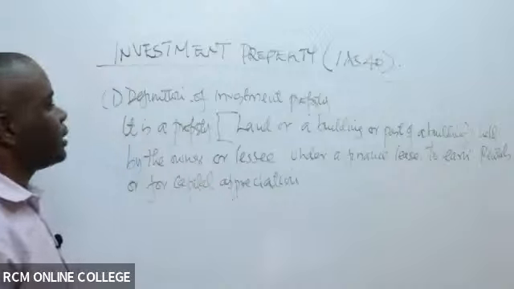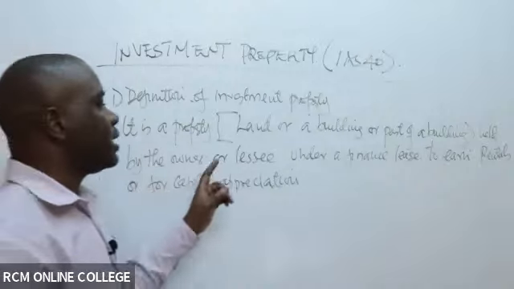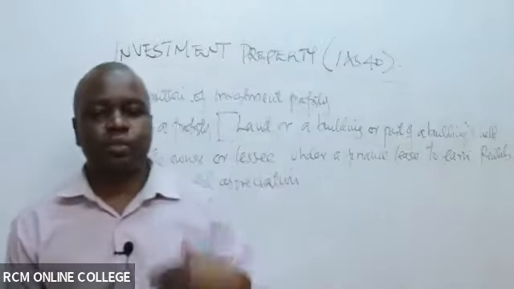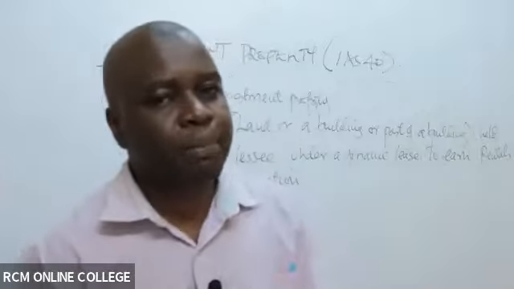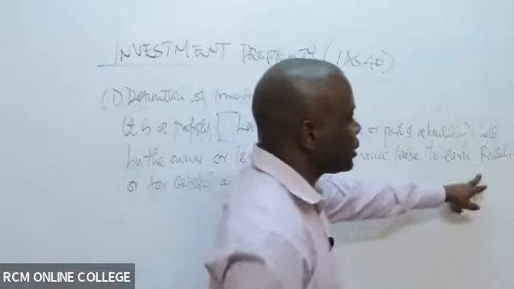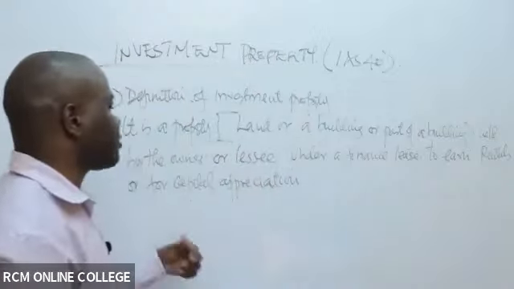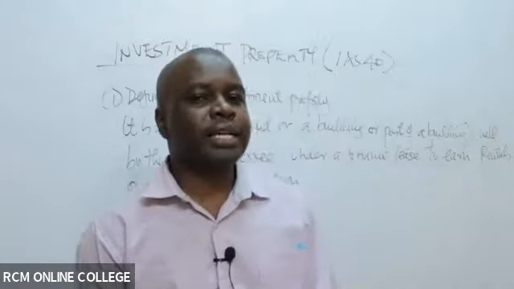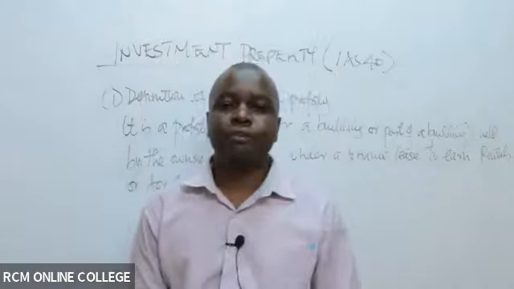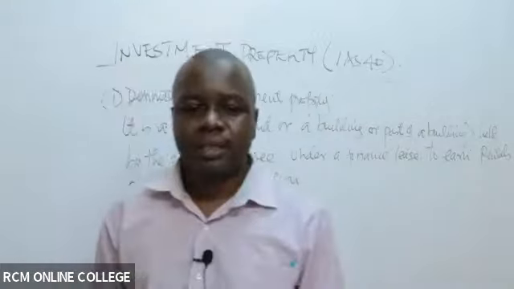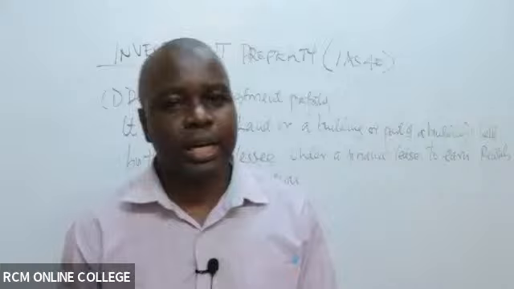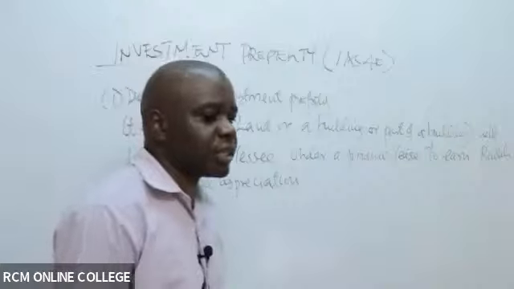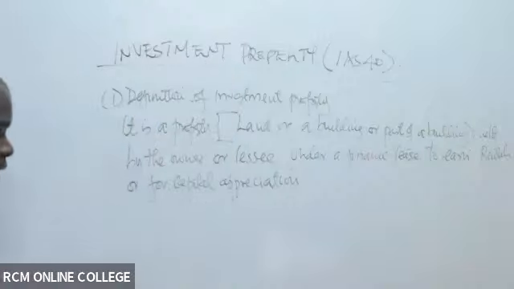So this property may be owned by the lessee or the owner, and what he's expecting is to have some gains on it, for example in form of rentals, or maybe he's expecting the property to appreciate. For example, when you buy land, there's usually that expectation that I buy it so that in future it can appreciate, then I sell it. People say, I've invested in land. So that becomes an investment property. That is what we mean by an investment property.